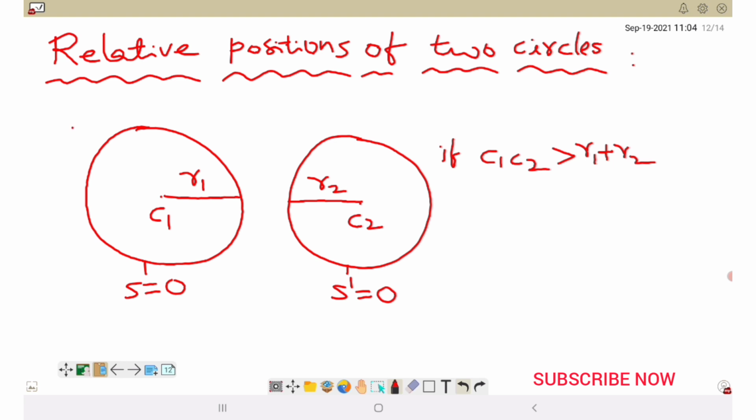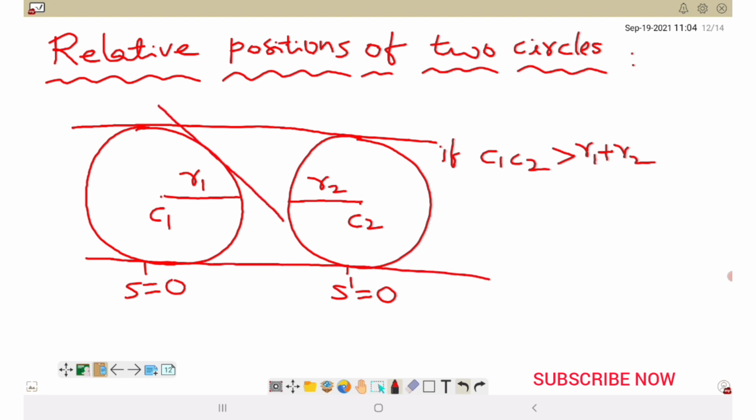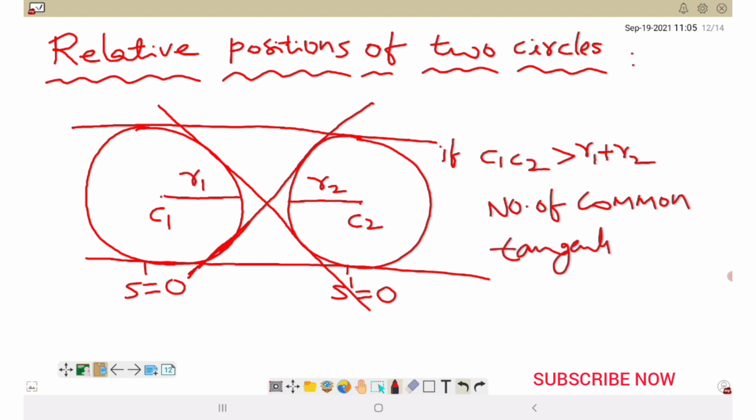And the number of common tangents: so this is a common tangent, and this is a common tangent. So the number of common tangents is 4.